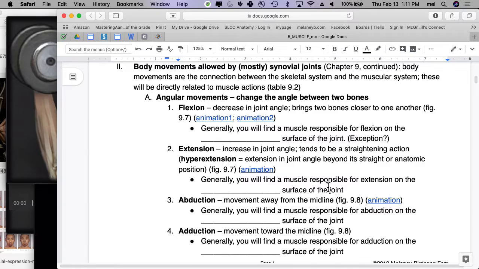generally speaking, muscles that are responsible for extension are going to be on what surface of the joint? Posterior. Yes. Okay? So, I have a whole set of muscles called wrist flexors, and I have a whole set called wrist extensors, right? They're flexor carpi and extensor carpi. Show me wrist flexion.